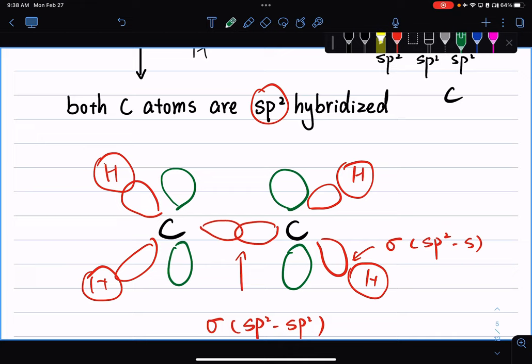So this is a sigma bond: you have the atomic orbitals pointing towards each other. And a pi bond is where these lobes are overlapping with each other. So naturally, the overlap of your p atomic orbitals gives you a pi bond.